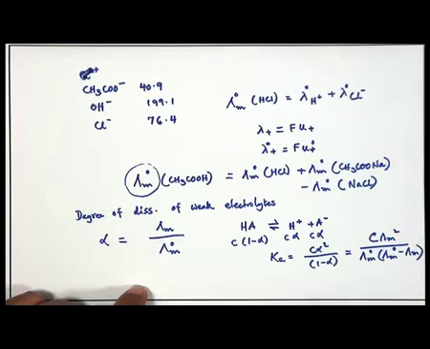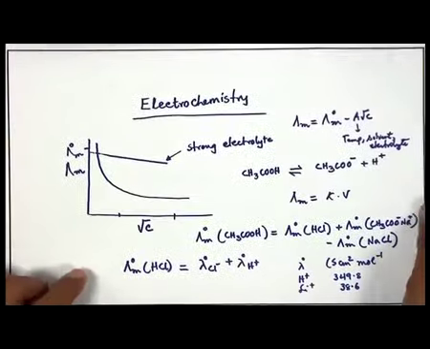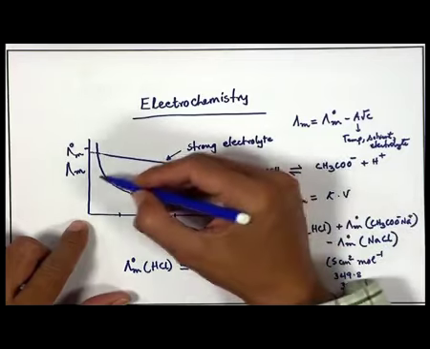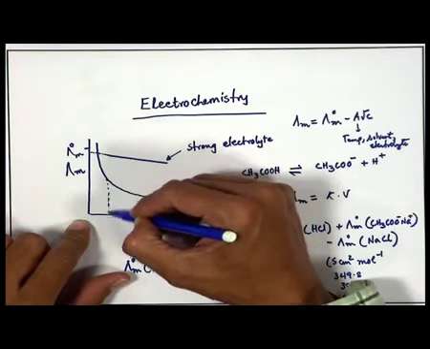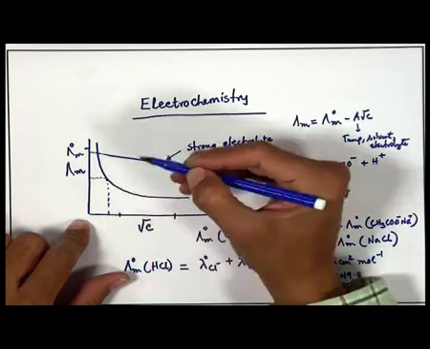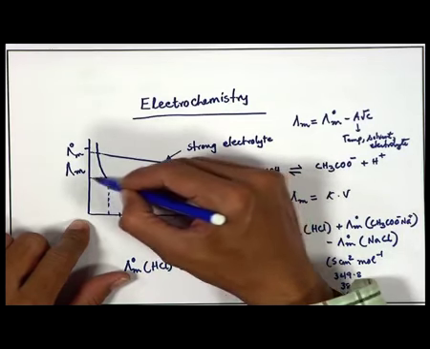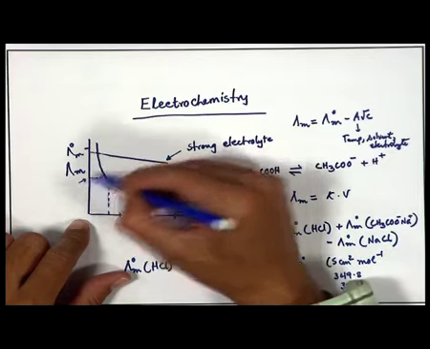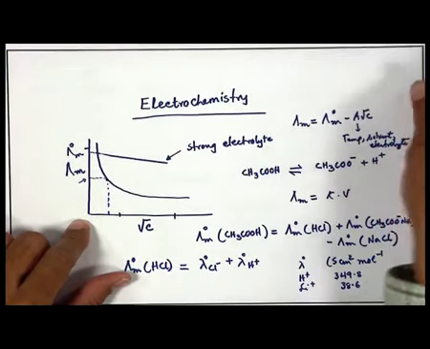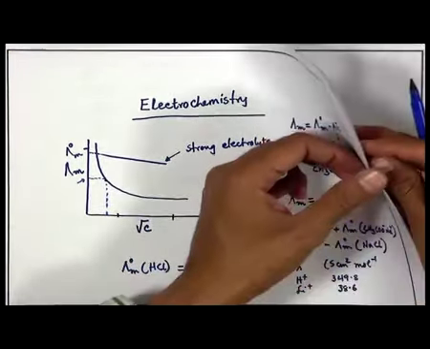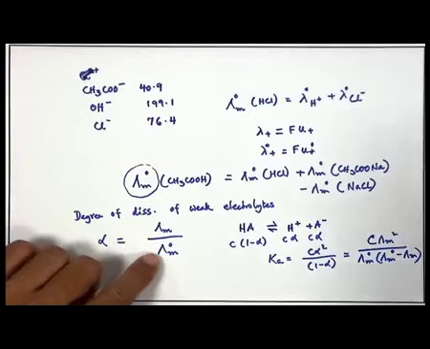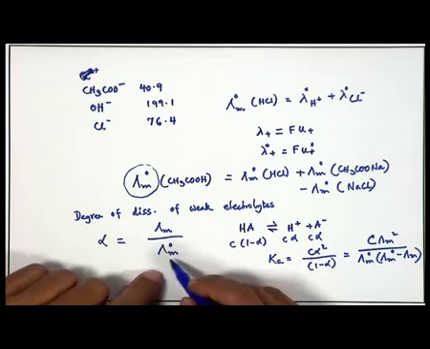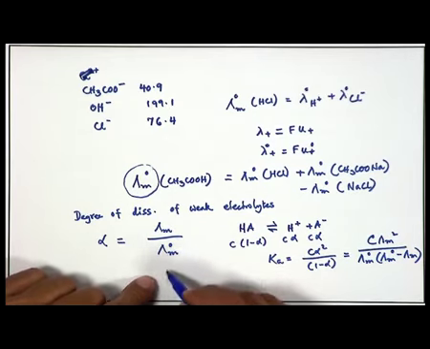For a given concentration value, you get lambda m at this point. You plug in this information to the numerator, and the denominator comes from the application of Kohlrausch's law of independent migration of ions.